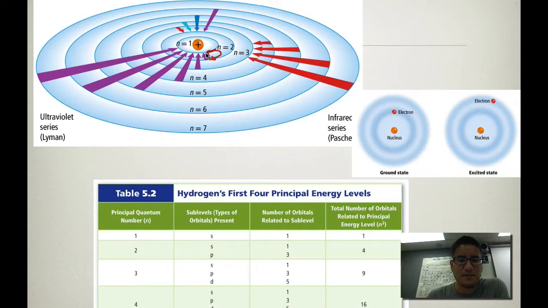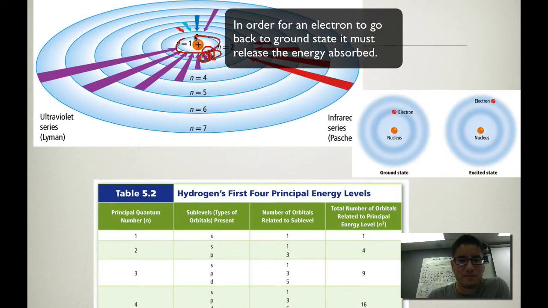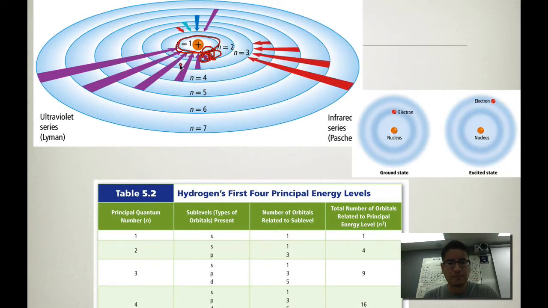As it does that, it emits this ultraviolet color. You'll notice that all the electrons that inhabit N1 jump, and it doesn't matter what level they go to: N2, N3, 4, 5, 6, and even 7.